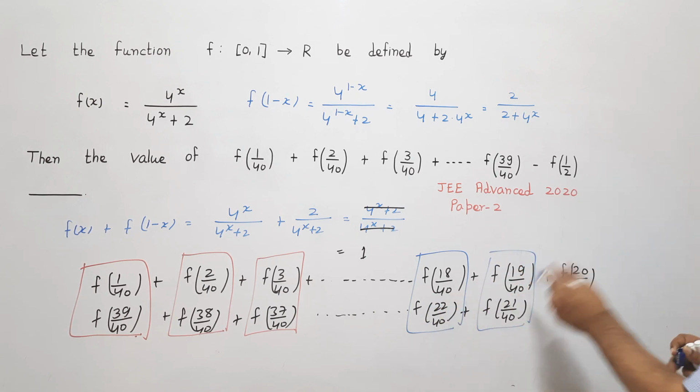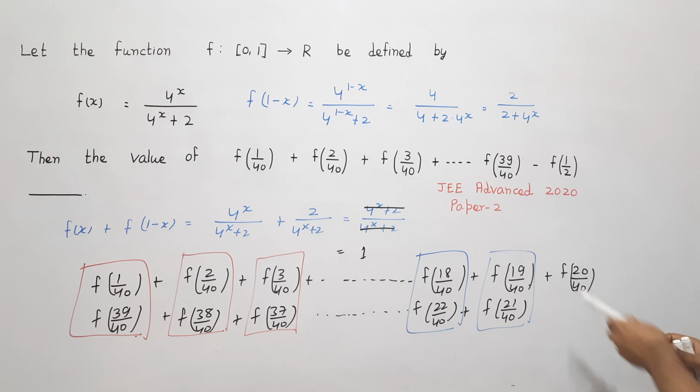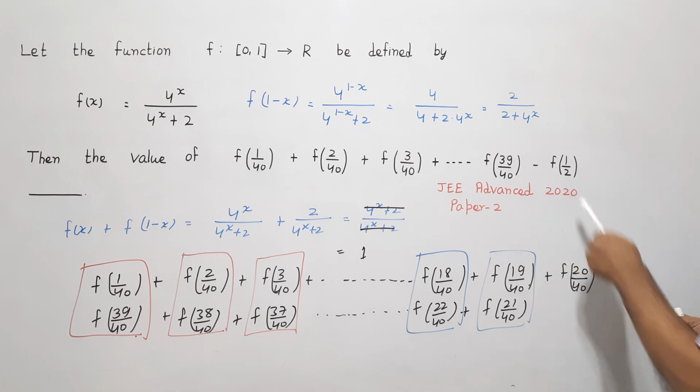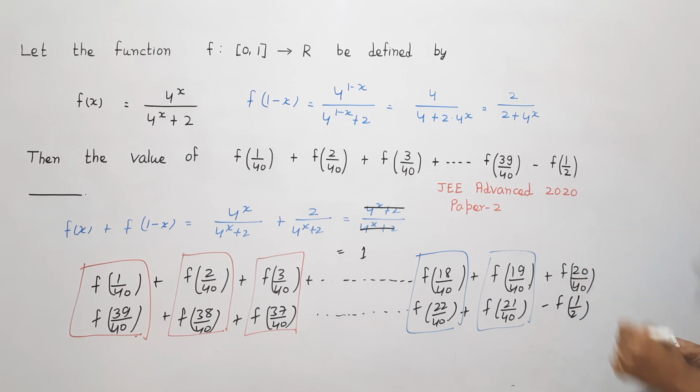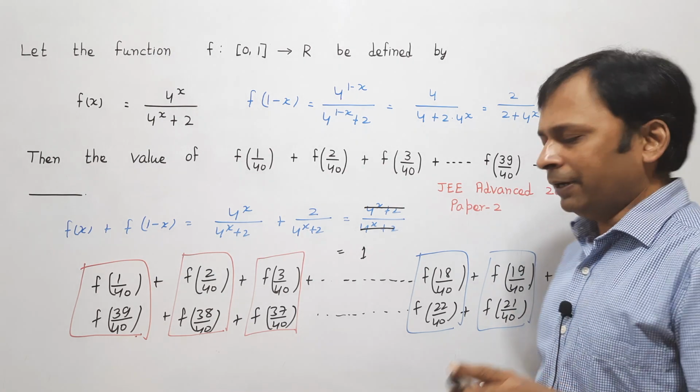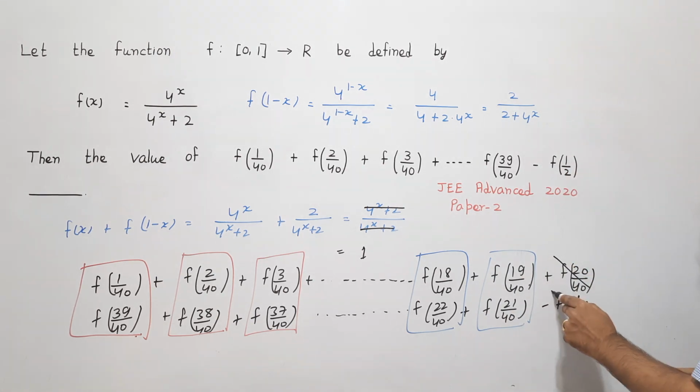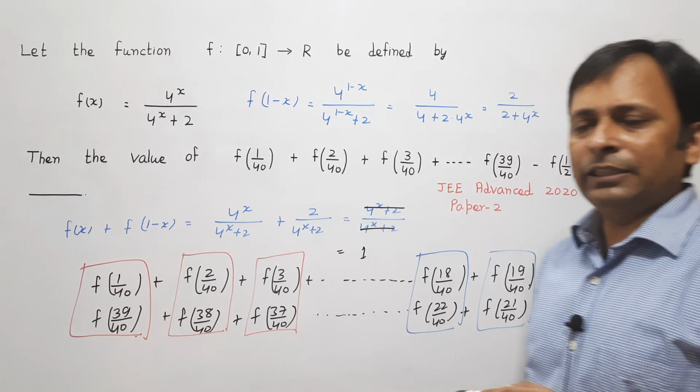So all these values will be equal to 1, and after that we have something minus f of 1 by 2 also. Now here if you see, f of 20 by 40 is nothing but f of 1 by 2. So this f of 1 by 2 and this minus f of 1 by 2 will cancel each other.